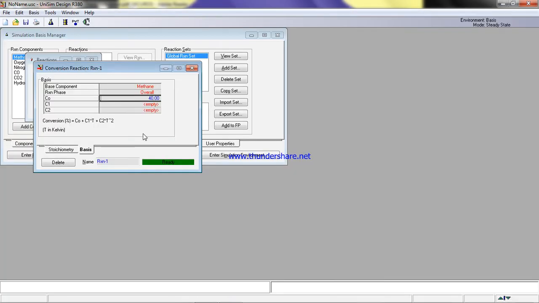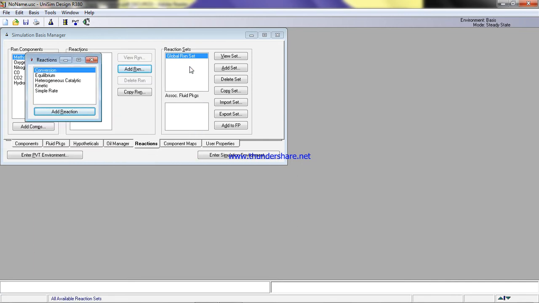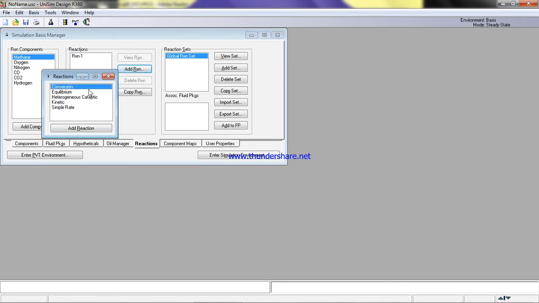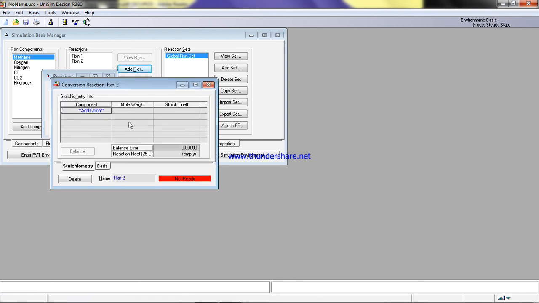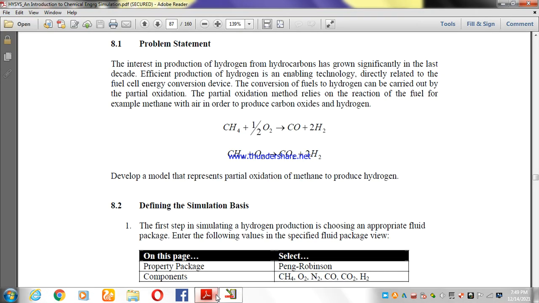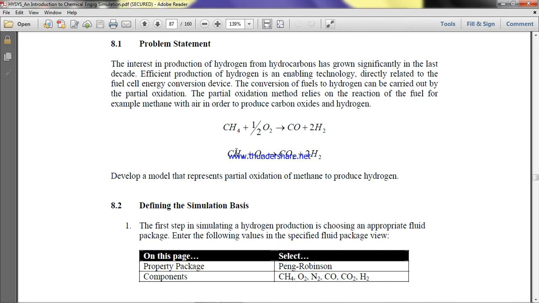So the first reaction has been inputted, then we close that, and then we add another reaction. Since there are 2 reactions, that one is also going to be conversion. You add, and then you go and check the equation.